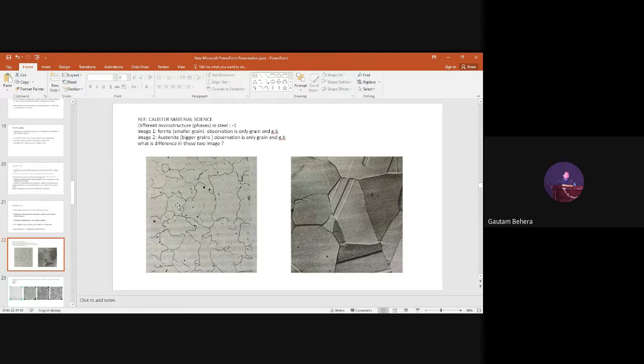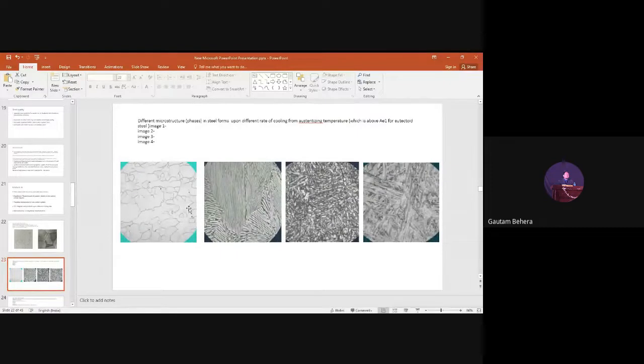So this is a microstructure of ferrite and this is a microstructure of austenite, right? Because if we are only seeing grains and grain boundaries in a microstructure, that means it is a single phase. So ferrite is a single phase and austenite is also a single phase. The difference is that austenite has bigger grain size, ferrite has smaller grain size. That is the difference.